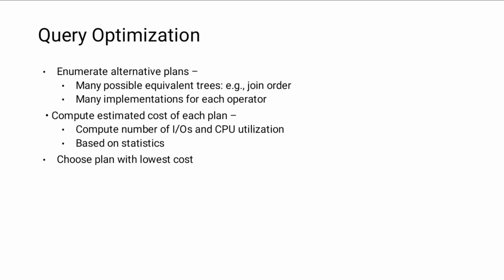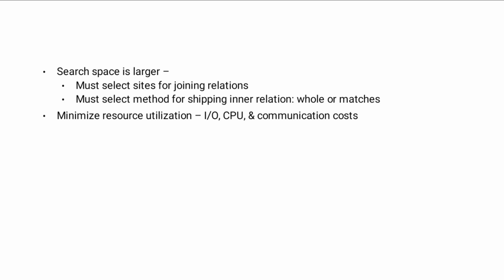Then query optimization. It can also be done using equivalent trees, like join order, or using operators. Estimated cost is calculated on input/output and CPU utilization based on statistics. The lowest cost will be chosen at last.